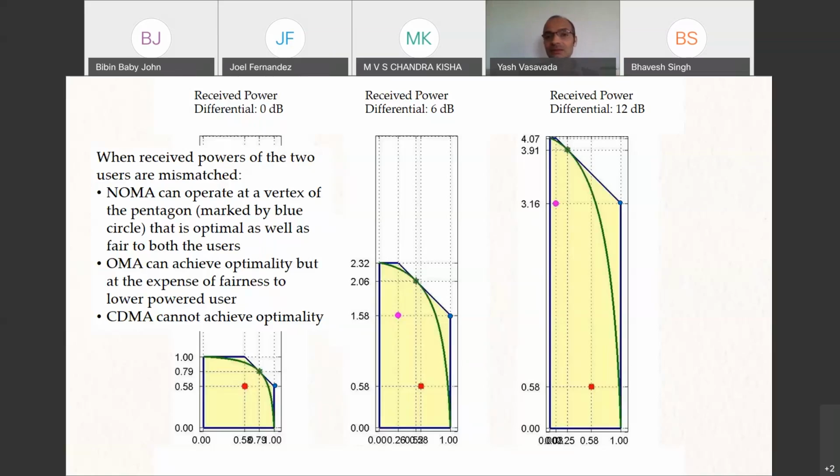CDMA cannot simply do that. OMA can achieve some optimal operating point, but at that operating point, maybe the weak user will not be very happy. So NOMA actually provides kind of the best of both worlds.